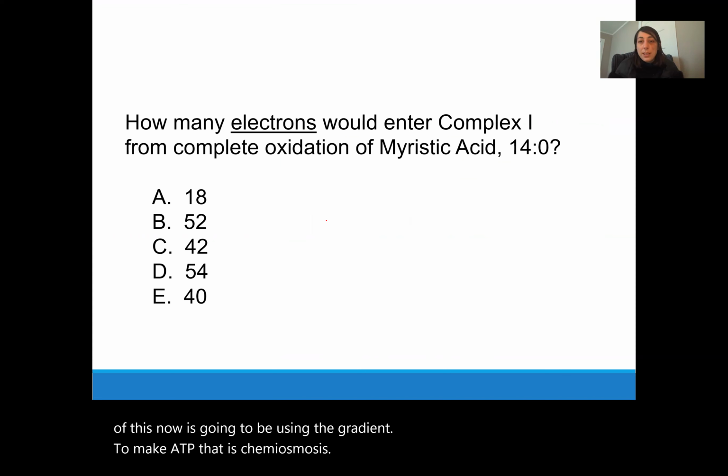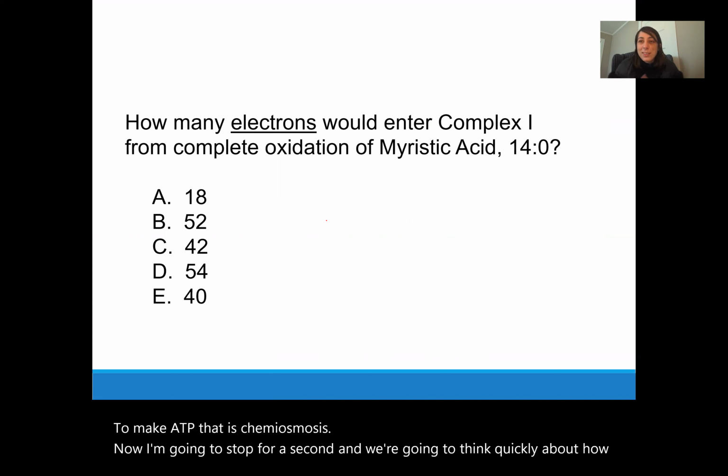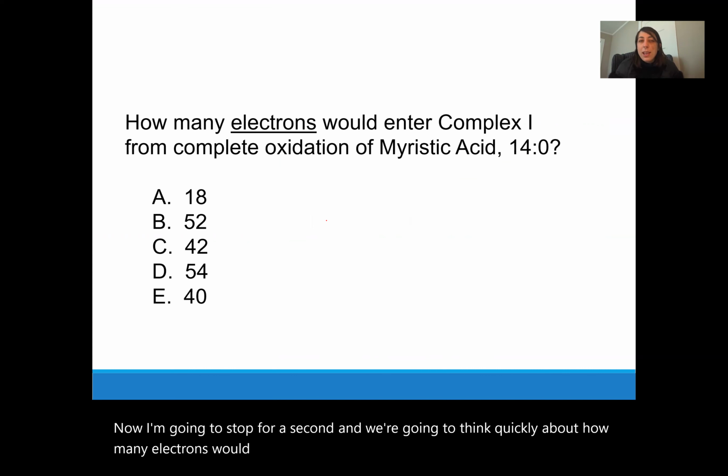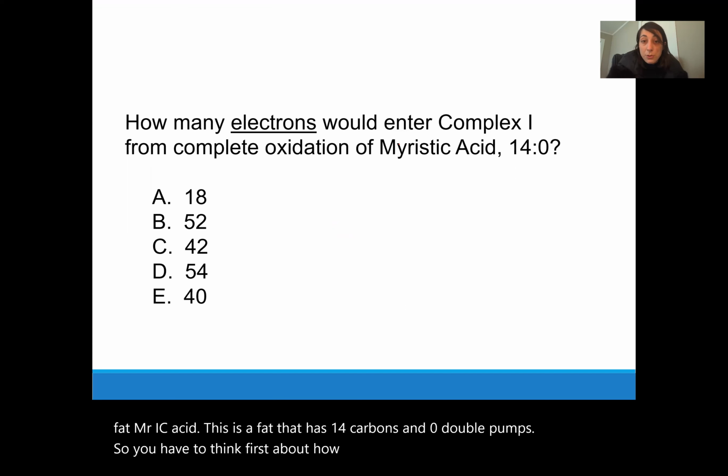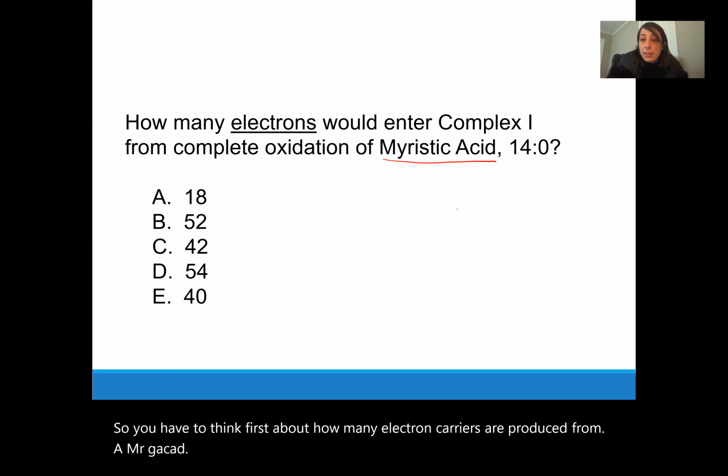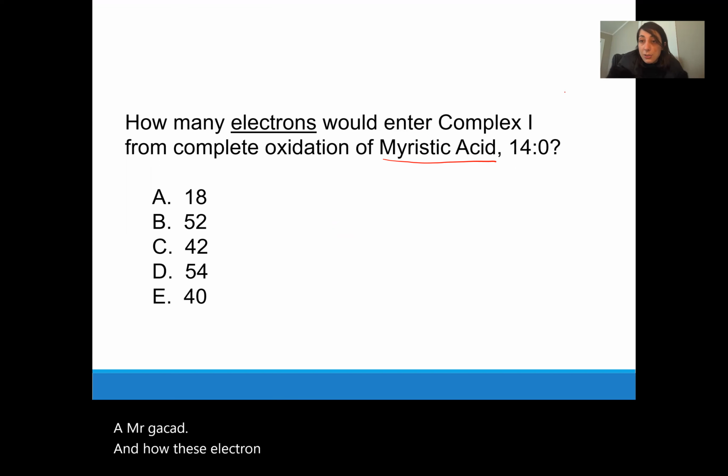Now, I'm going to stop for a second and we're going to think quickly about how many electrons would enter complex 1 if you had the complete oxidation of a fat, stearic acid. This is a fat that has 14 carbons and 0 double bonds. So you have to think first about how many electron carriers are produced from a stearic acid and how these electron carriers can then enter into the electron transport chain.